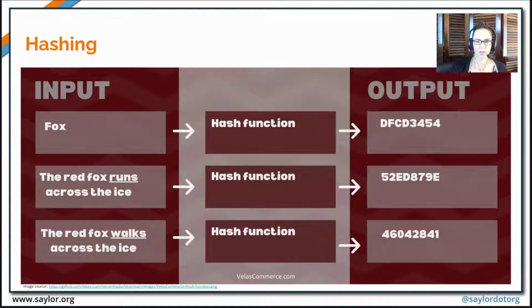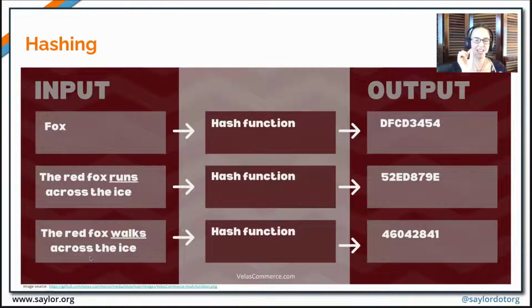And here's just a quick example of that. Here we have 3 different messages, right? So the first one is just a very short one, Fox, right? And we shove that through a hashing function, and here we get just an example output of a specific length. Now we take a much longer message: The red fox runs across the ice. We shove that through the exact same hashing function. Boom, we get a different identifier, right? But of the same length. Then we take that message and we change just one tiny little thing about it.